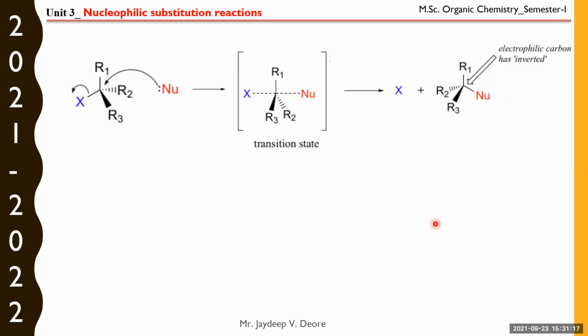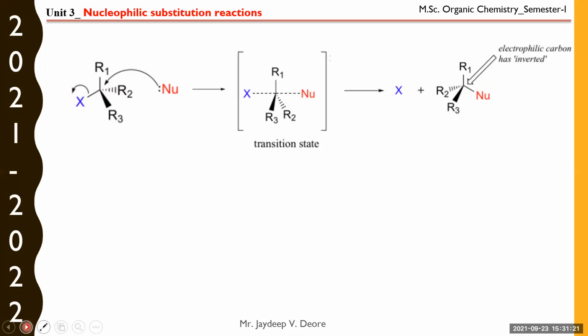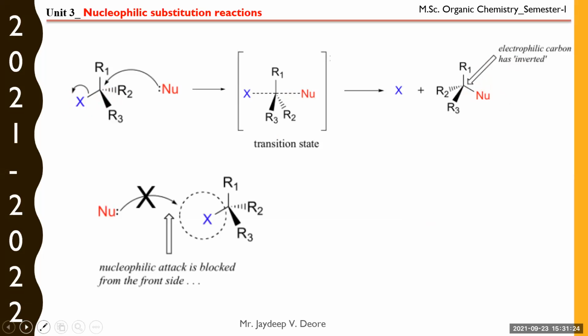Okay, here it is. You can see that this is an X group, that is the leaving group, right? The incoming group is also a negatively charged species, a nucleophile, as it is an electron rich species as we discussed earlier.